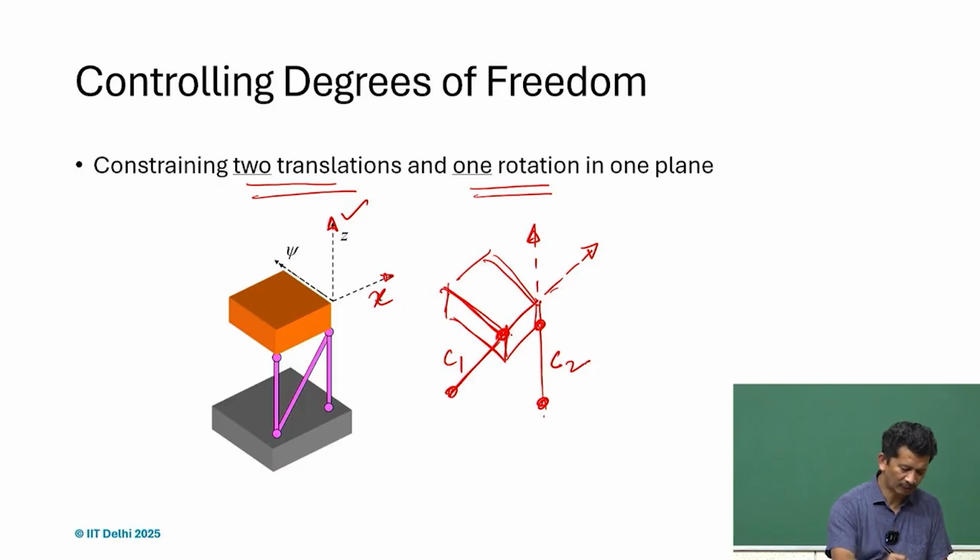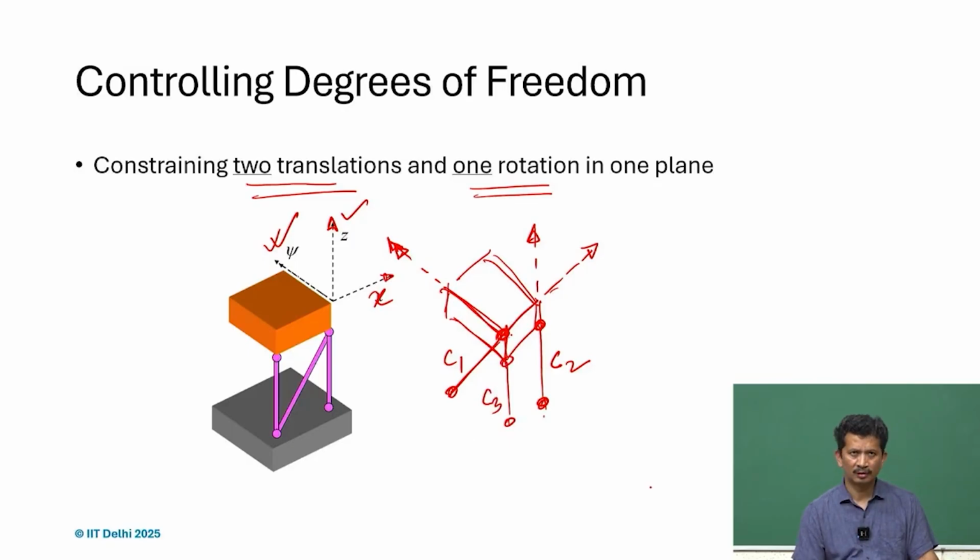But if we want to have this rotational constraint, we know that a pair, so another C3 parallel to C2 can give us the necessary constraint.